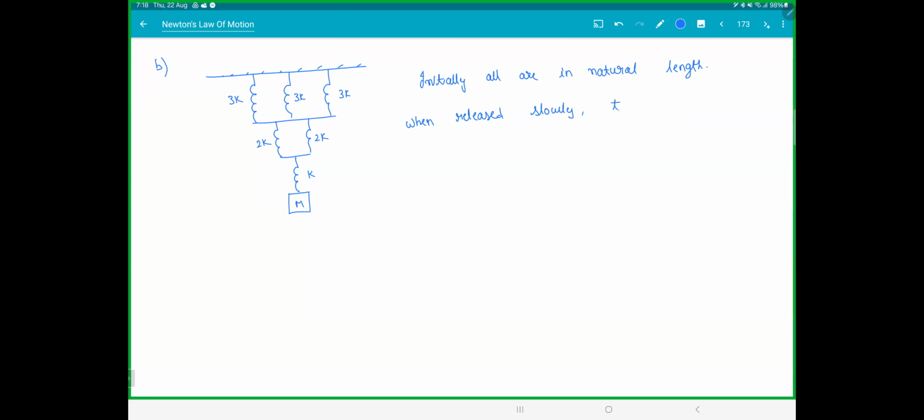The block moves down and stops. Find the distance moved by the block, and let's call this point as A here. Let's call this point as B here. Find distance moved by the block and A and B.